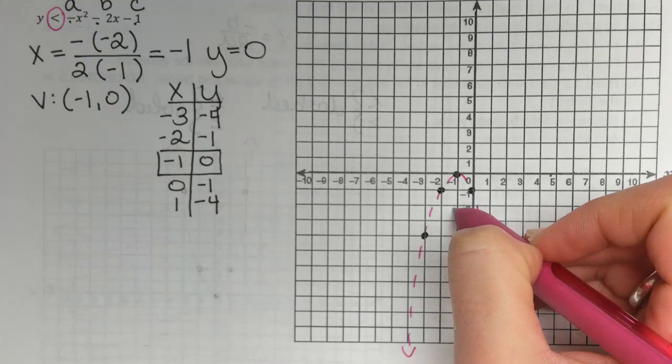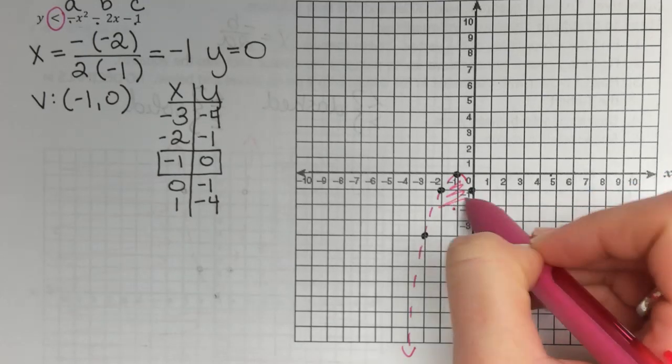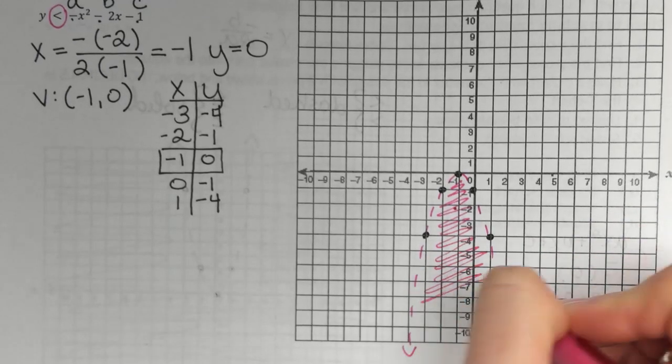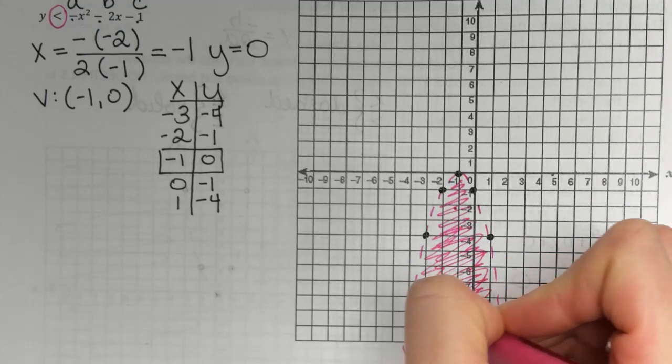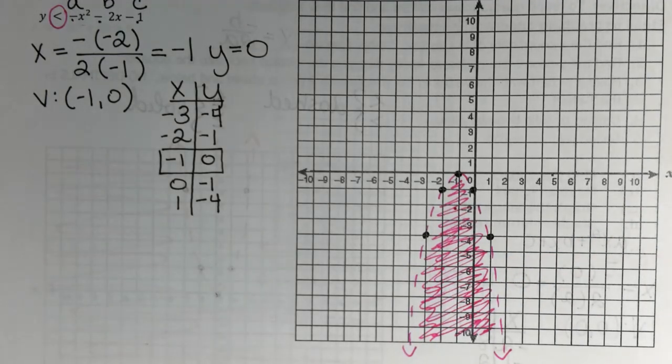Down. When I go down, that falls inside my parabola this time. So I'm going to shade inside. So this is a reminder that no matter where the opening of your parabola is going towards, you're still just moving from the vertex. You understand that? Okay.